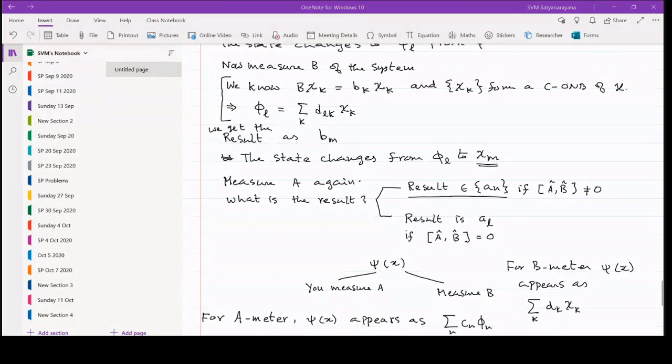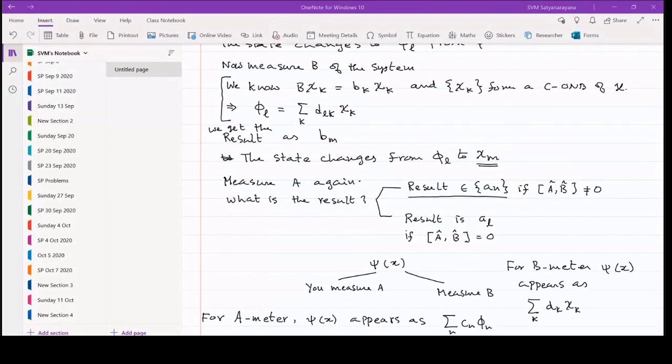Yes, sir. Are we allowed to talk about what the actual psi of x consists of, like what it appears as to the B meter or A meter? We cannot say for sure what psi of x is actually made up of. See, psi of x has a unique identity. There is no doubt about it. It is some vector in the Hilbert space, correct?